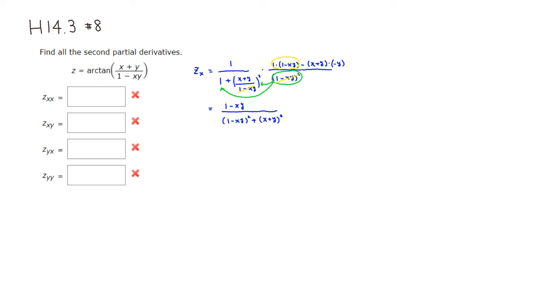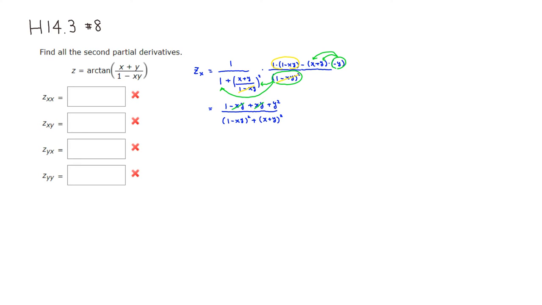Then we just need to distribute negative y to both terms to get, so you have a negative y times negative x, so it's going to be positive xy, and negative y times negative y, so plus y squared, right? So we can cancel xy here and xy there, right?